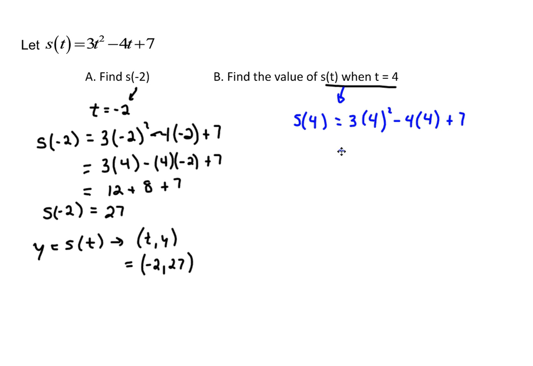We're taking 3 times 16, minus 4 times 4, plus 7. 3 times 16 is 48. So 48 minus 16 plus 7, working left to right, 48 minus 16 is 32, plus 7. So our result here is that s of 4 is equal to 39.